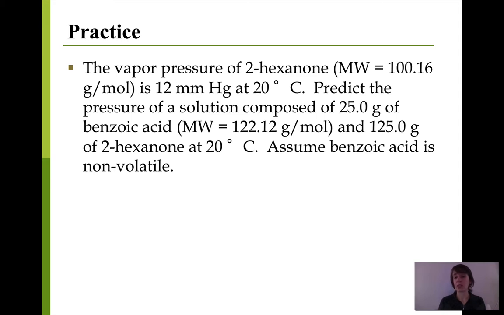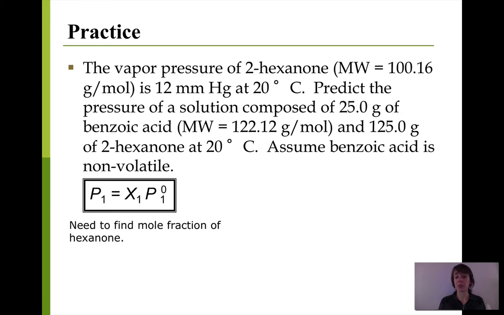We're assuming that the benzoic acid is non-volatile, meaning it doesn't give off its own vapors. It doesn't evaporate readily. So we're going to apply this formula for Raoult's law, where we just need to multiply that vapor pressure, the 12 millimeters of mercury, by the mole fraction of the hexanone.